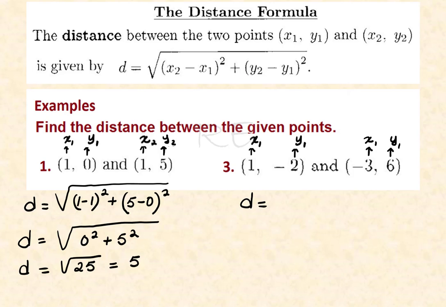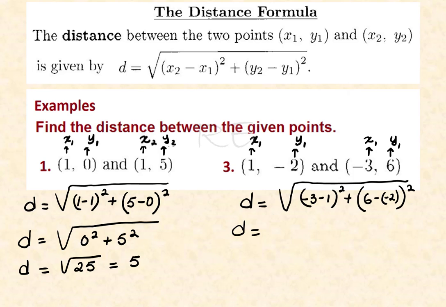For the third one, the distance is equal to the square root of (-3 minus 1) squared plus (6 minus -2) squared. The distance is equal to the square root of (-4) squared plus 8 squared.